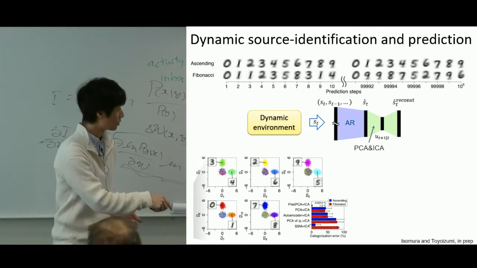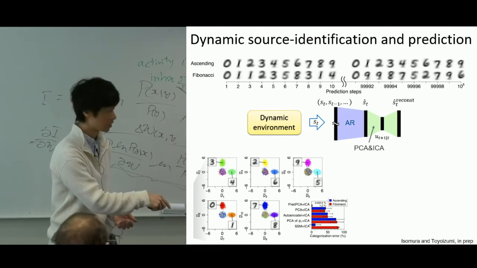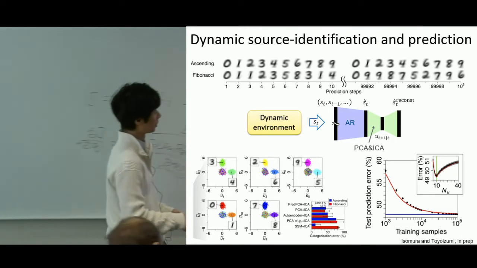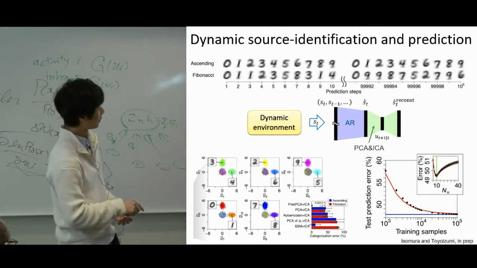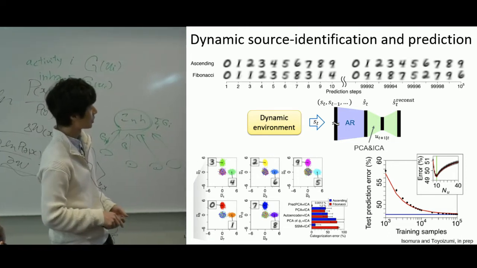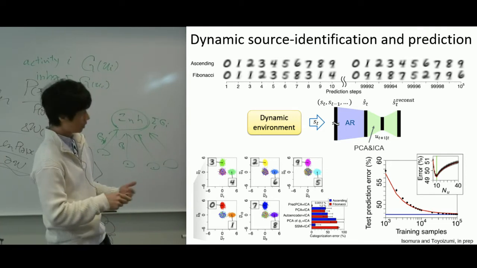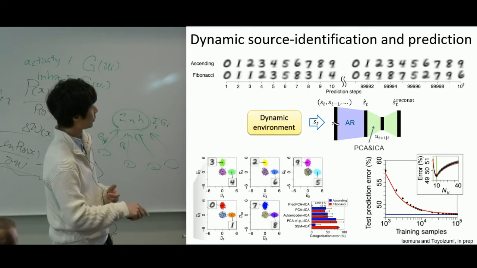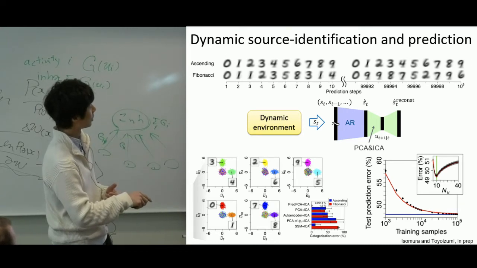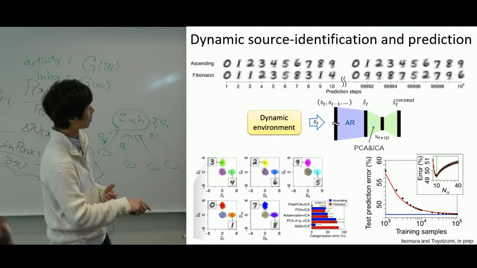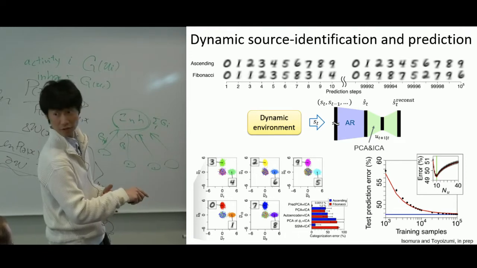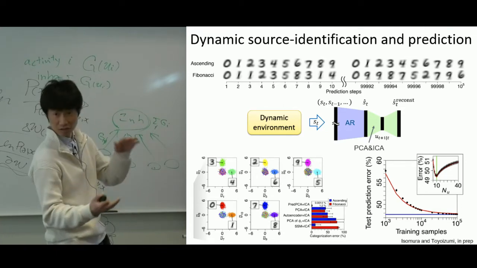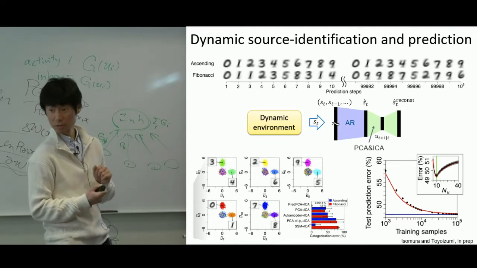So our method can predict both ascending and Fibonacci sequences very well. So here's the test prediction error that decreases with the sample size. And because of the simplicity of the model, it can predict how many neurons are needed at this bottleneck layer. And it just gives this 10 as the dimension of hidden sources.